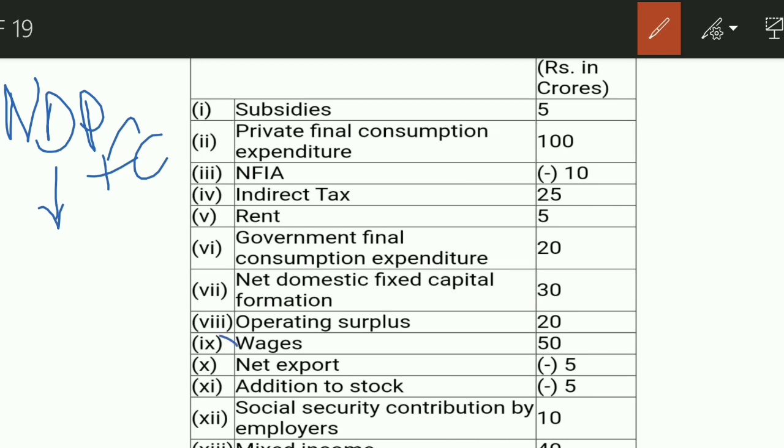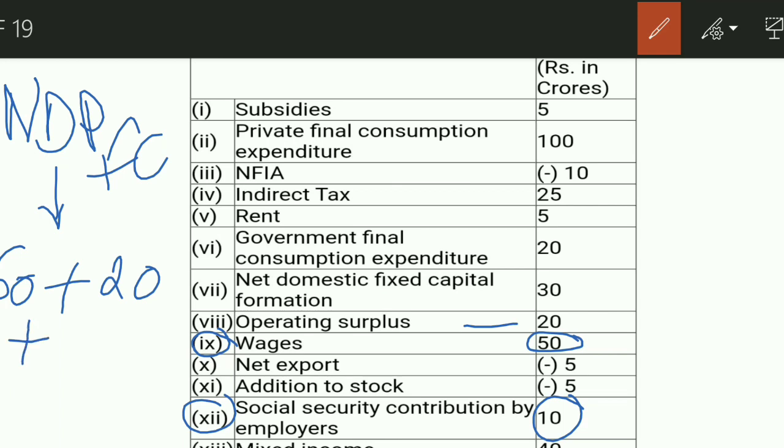Here the components of compensation of employees are given. Wage is given as 50 and social security contribution by employer is given as 10. So compensation of employees would be 50 plus 10, that is 60, plus operating surplus given here as 20, plus mixed income given here as 40. So NDP at factor cost would be 60 plus 20 plus 40, which is equal to 120.